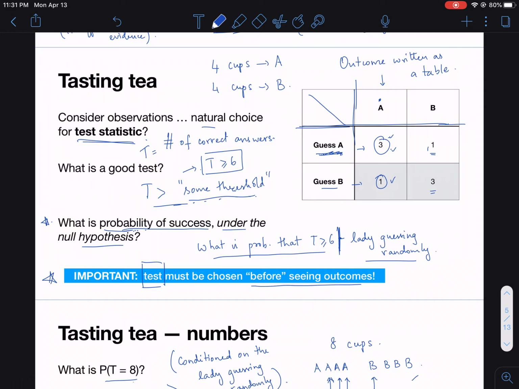Okay, so you can't observe what you got and say, hey, this is very unlikely that I got this precise set of outcomes, and therefore I'm going to reject my null hypothesis. Okay, so it's very important that the test must be chosen before actually seeing the outcomes. Then you actually perform the experiment, get to see the outcomes, and perform the test that you had decided to do.